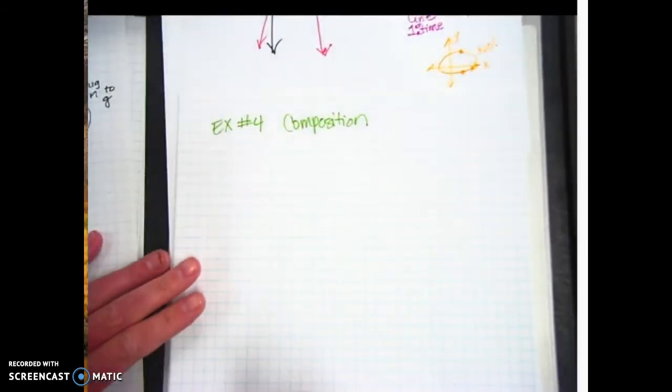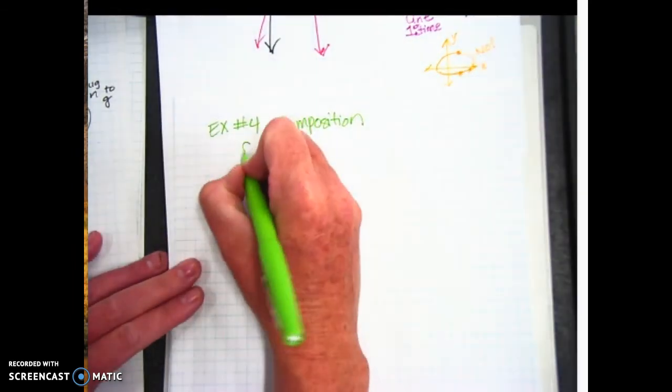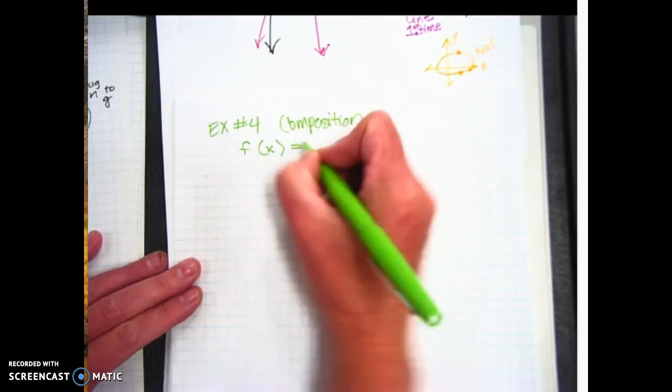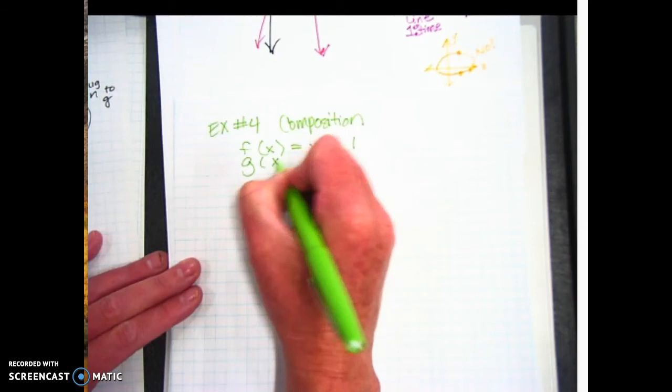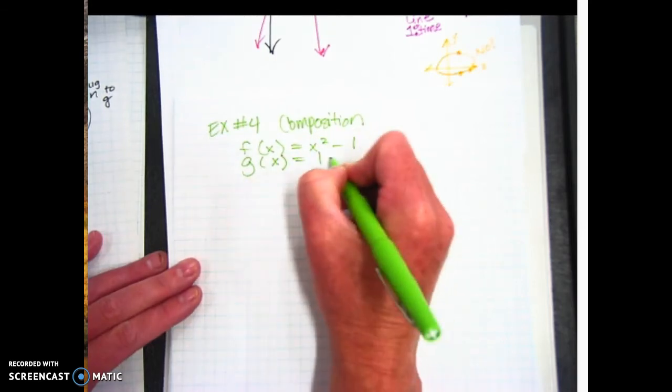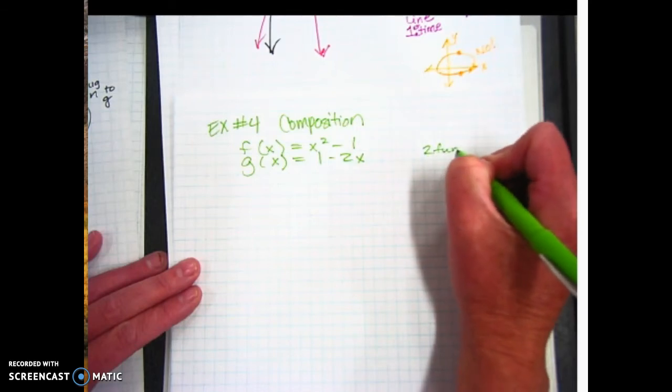So example number 3, we just had 1 function, right? We had the f of x. For example number 4, we're going to have the f of x is x squared minus 1, and a g of x is 1 minus 2x. So now we've got 2 functions.